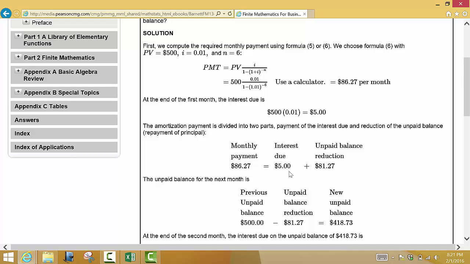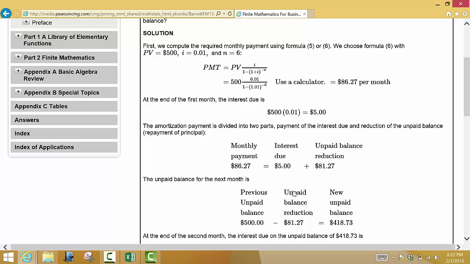So whatever's left over from that monthly payment is going to go toward the unpaid balance. This is going to reduce our overall loan balance. For the next month, we had $500 to begin with, and $81.27 was paid toward that balance. So now the rest of the balance that we owe is $418.73.